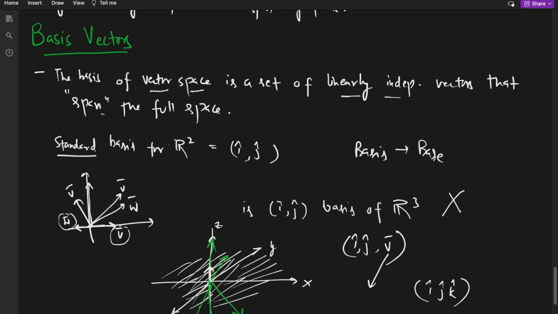If I have given you a set of vectors which span the entire R cube, that means, if I have given you three vectors and I am saying that they are spanning the entire 3D space R cube, then for sure they are linearly independent.